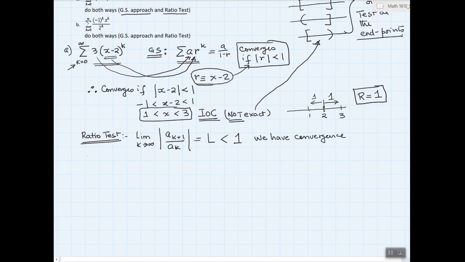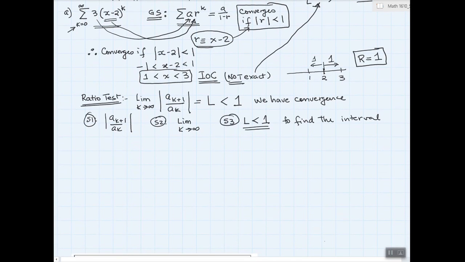For all these questions we are going to do the following. Step 1 would be find absolute value of a_(k+1) over a_k. Step 2 would be we'll take limit k going to infinity. That will give me L, and I'm going to set L less than 1 to find the interval. These are common sense steps 1, 2, and 3.